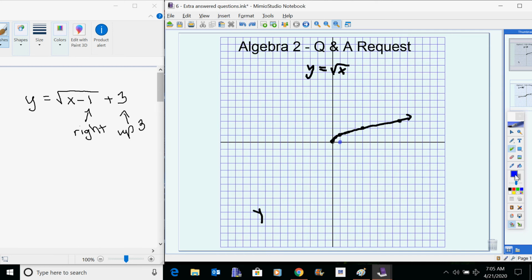I need to go right 1 and up 3. 1, 2, 3. So here actually would be my new point. This one will be going right 1, up 3. This one, right 1, up 3. And this one, right 1, up 3. So your new graph would look something like this.